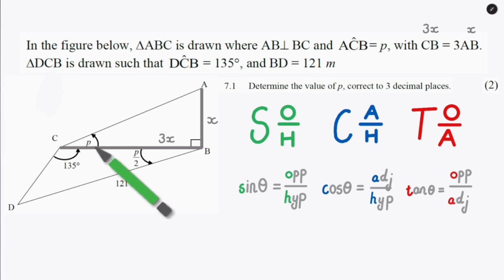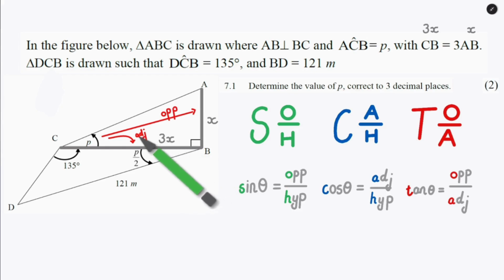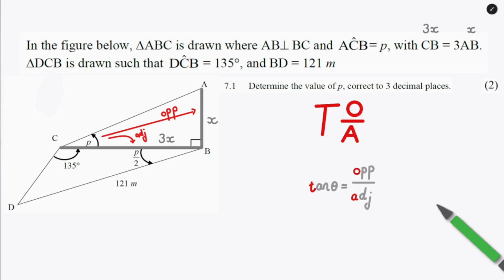And I'm going to assess my angle. My angle's over here, and relative to that angle, I have the adjacent side of 3x and the opposite side of x. So if I have opposite and adjacent, that's going to make me want to choose tan. Okay, now we're just going to modify it to suit our needs.